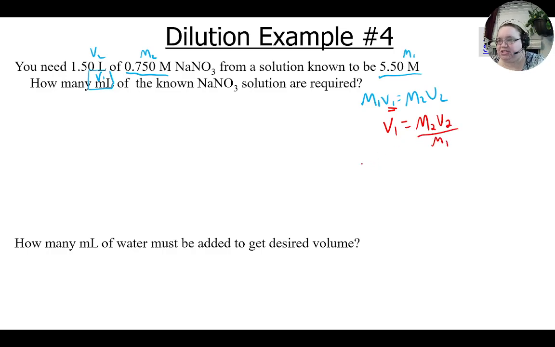All right, let's plug and chug. V1 equals 0.750 molar times 1.50 liters divided by 5.50 molar.